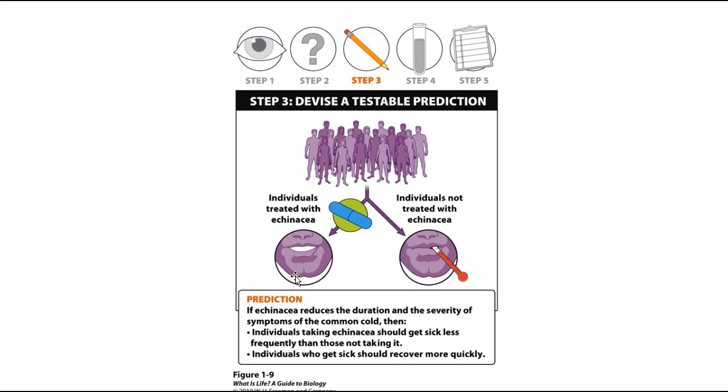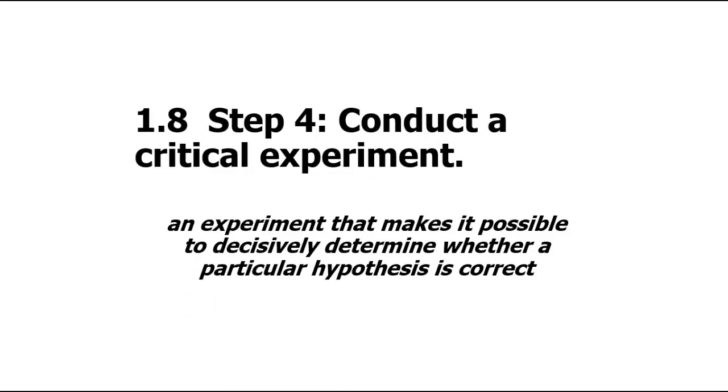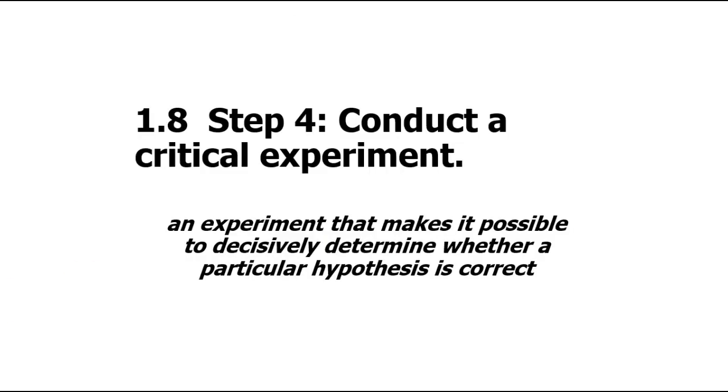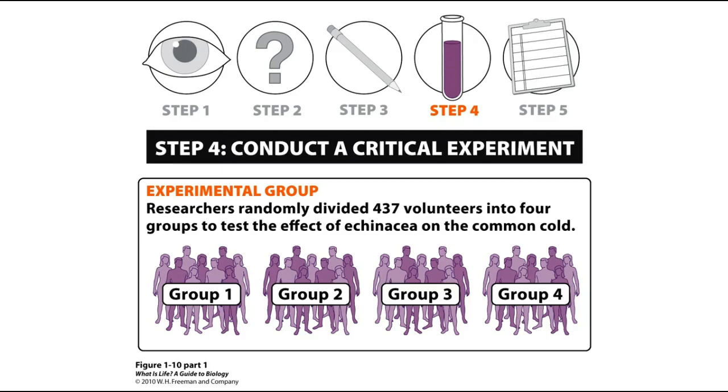So then, based on your prediction that people that take echinacea will experience shorter, milder colds, you devise an experiment to test that prediction. This particular experimental design is a little bit more robust than just echinacea versus no echinacea. So they say, well, let's start with 4 groups of people.